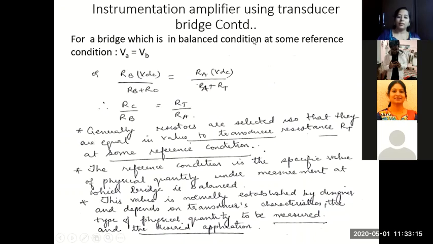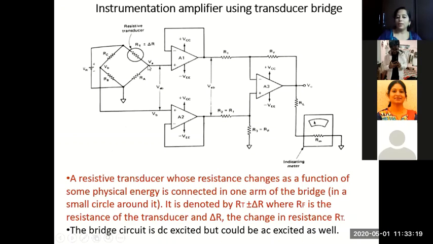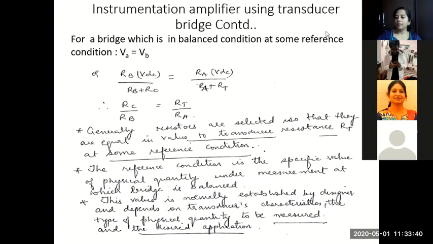Okay. So what is the value of VA in this circuit? What is this voltage VA? It can be taken as the voltage across this resistance RA, right? And if I consider this branch, RT plus delta R and RA, what is the excitation voltage? VDC. So VDC is fed.